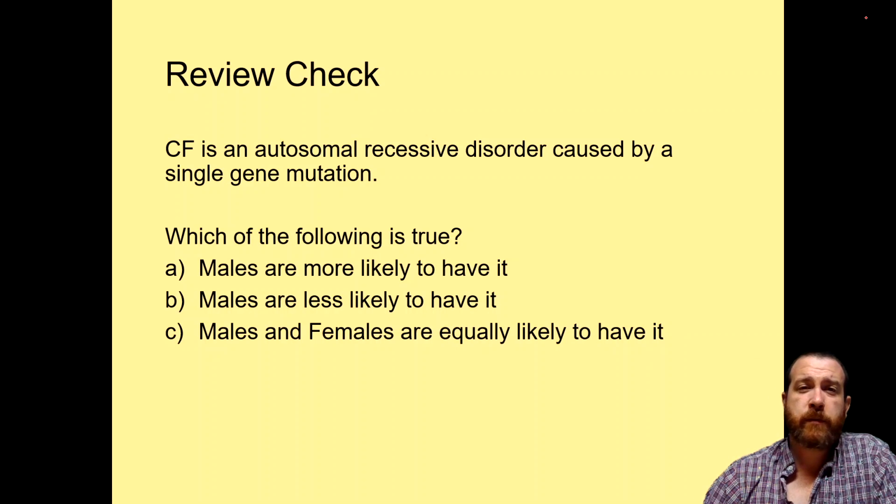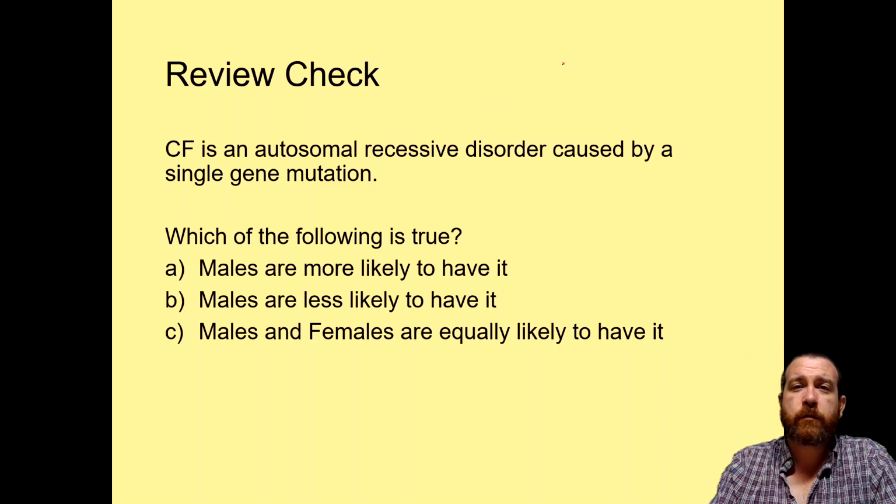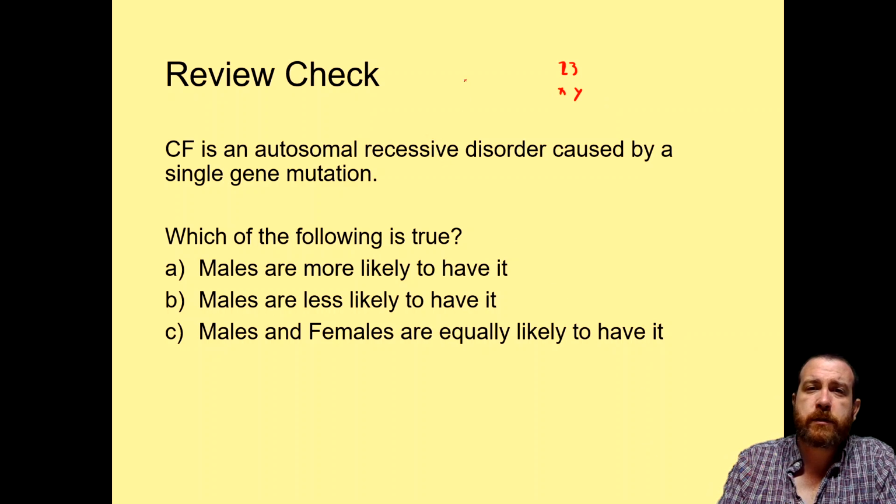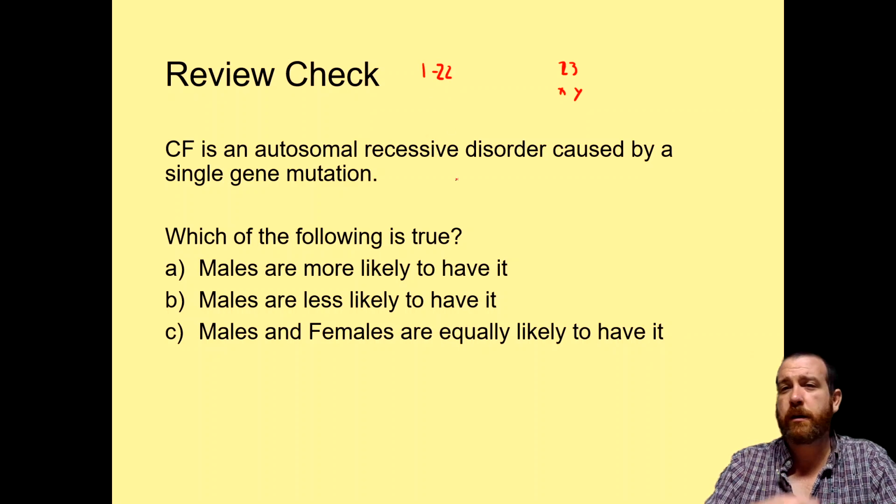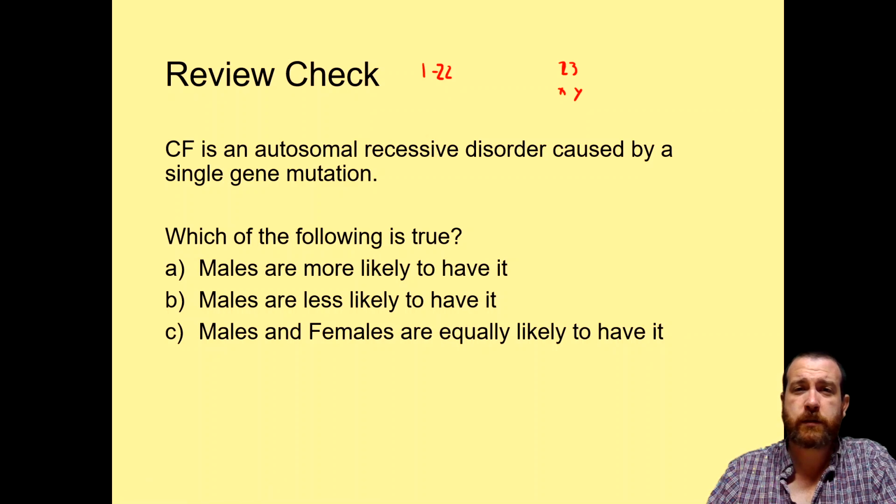Cystic fibrosis, remember, is an autosomal recessive condition. Remember that autosomal means it's going to show up on the first 22 chromosomes, chromosome 1 through chromosome 22, with chromosome pair 23 being those X and Y chromosomes. The ones that males have, females have, everybody has the same amount under normal circumstances.